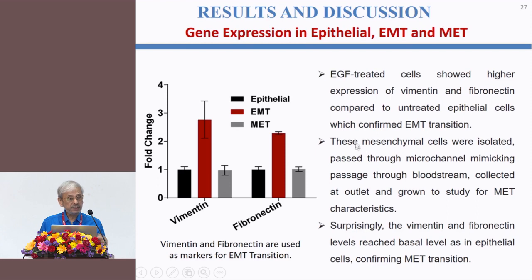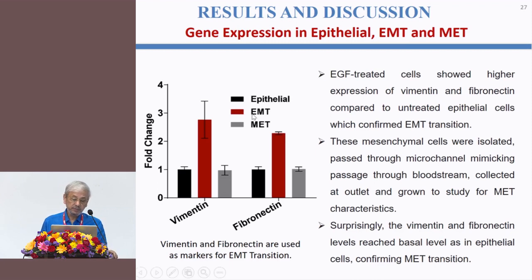Again we collect some mesenchymal cells, and those are passed through microchannels again, mimicking the passage through the bloodstream, collected at the outlet and grown to study. So when mesenchymal cells are sent back through this capillary, there is a reverse transition. We get back epithelial cells.